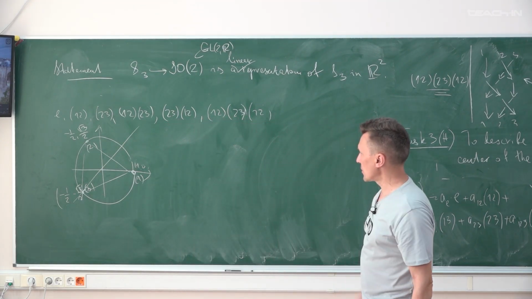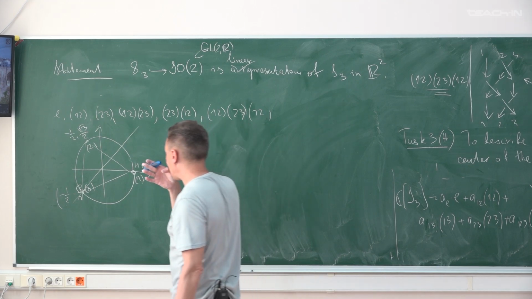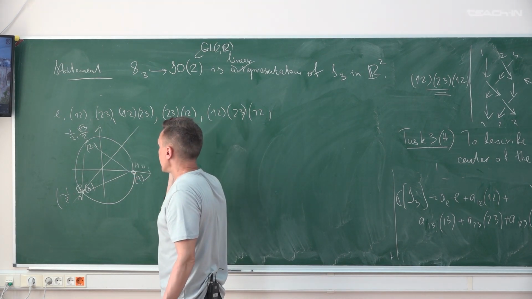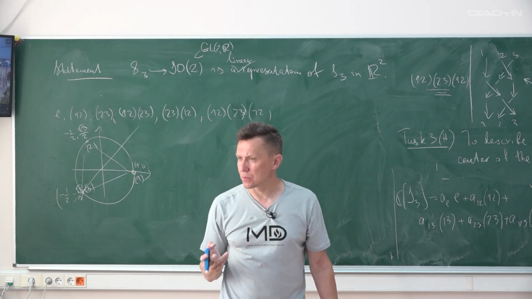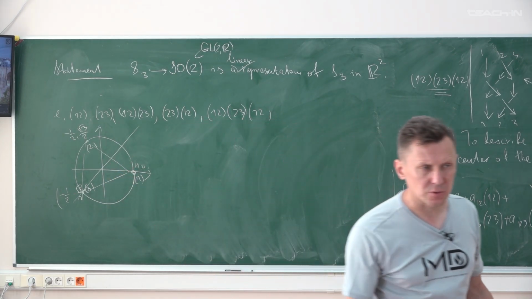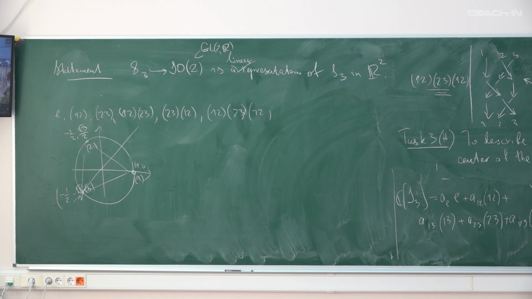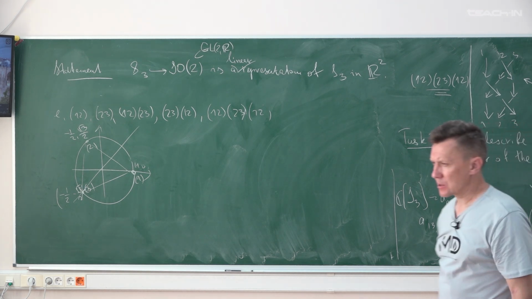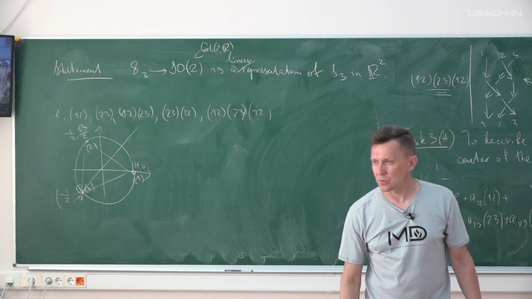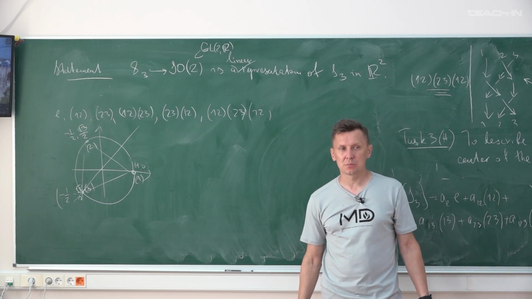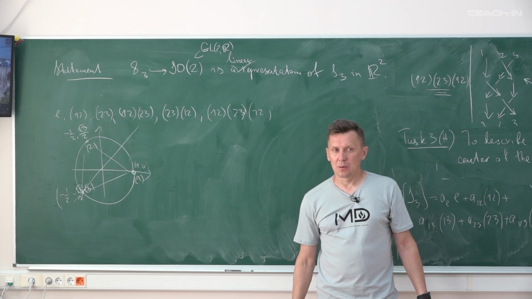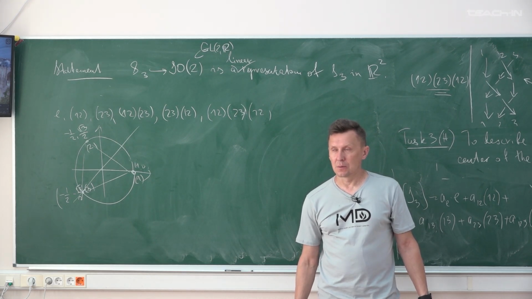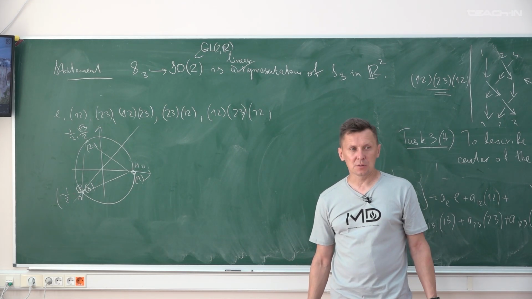It's a symmetry transformation with such an axis. Maybe it's better to write down the matrices of these transformations to understand that the multiplication of matrices is the same as the multiplication of elements of the symmetry group. So how can I represent the symmetry transformation in matrix form?